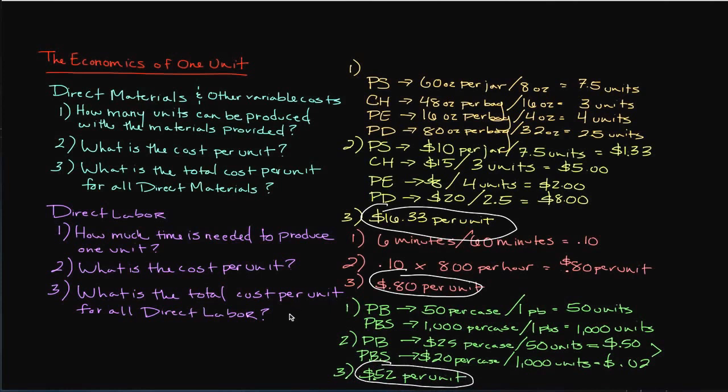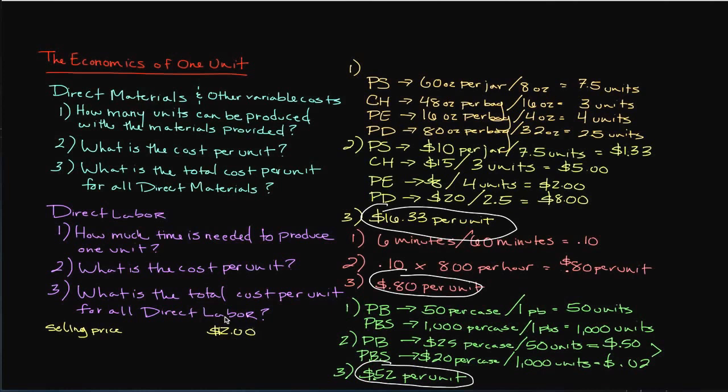So now that we have all of our costs, what we're going to go ahead and do is produce the economics of 1 unit table that I provided at the link that I referred to earlier. So let's go ahead and write that out real quick, and then we'll finish up here for this particular video. So let's say we have, first off, our selling price per unit is, we know, $12.